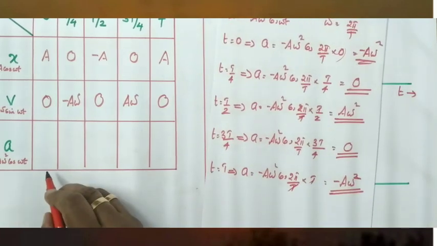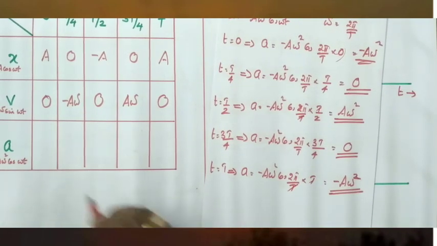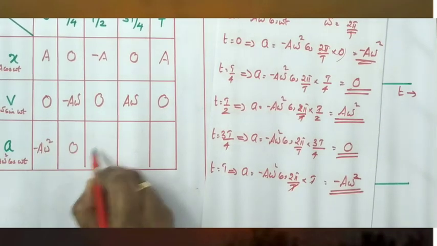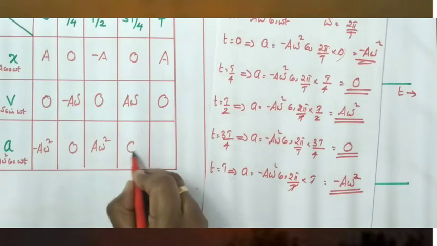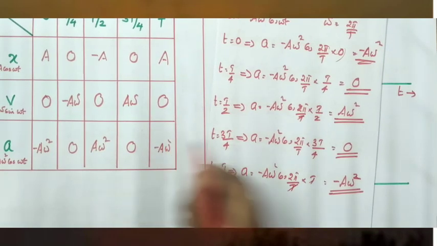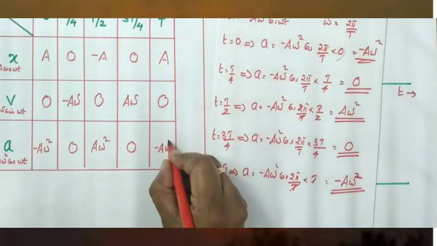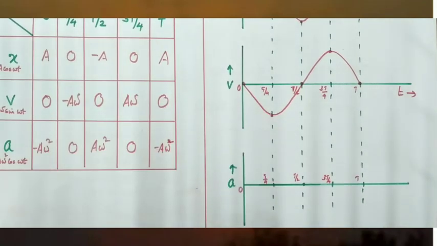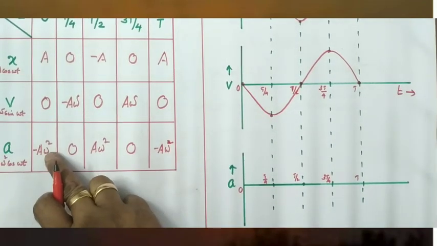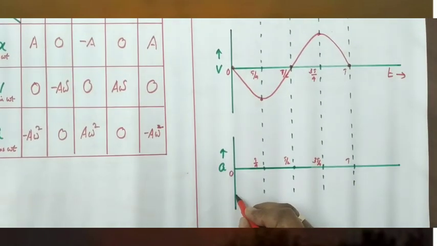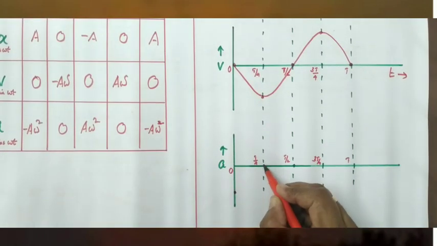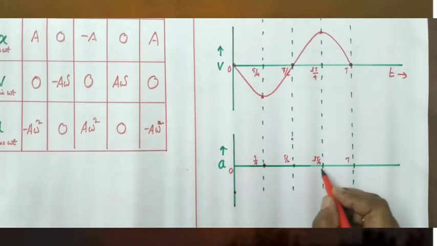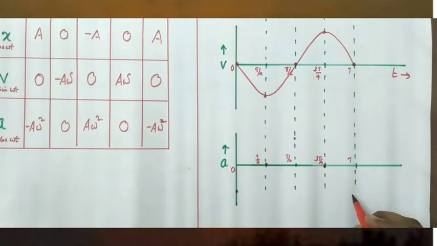We can write down the values here: minus a omega square, then 0, then a omega square, then 0, then minus a omega square. Now in the graph we can plot the points. Starting at time t equal to 0, minus a omega square, here downward, then 0, then plus a omega square, then again 0, then minus a omega square.